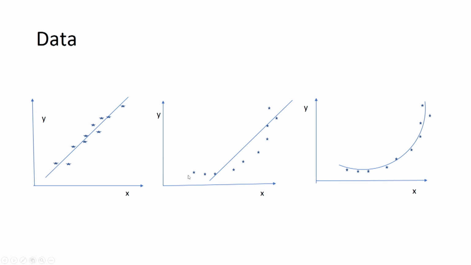While if your data, when you are plotting, is like this, we can see here that the relationship between x and y is not linear, because this plot is not suggesting a linear relationship.